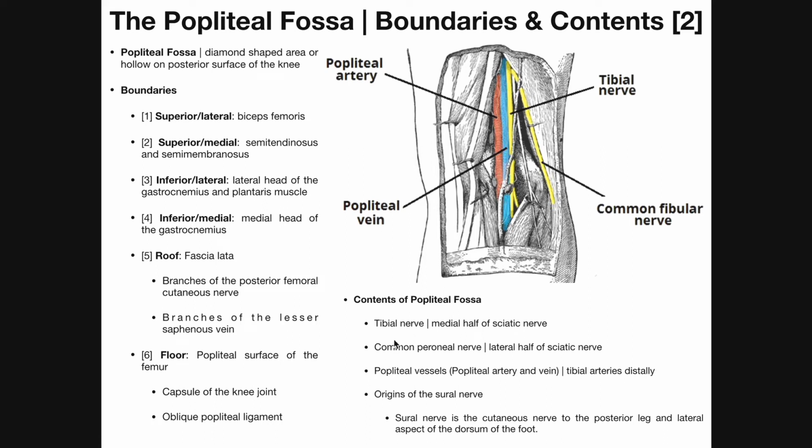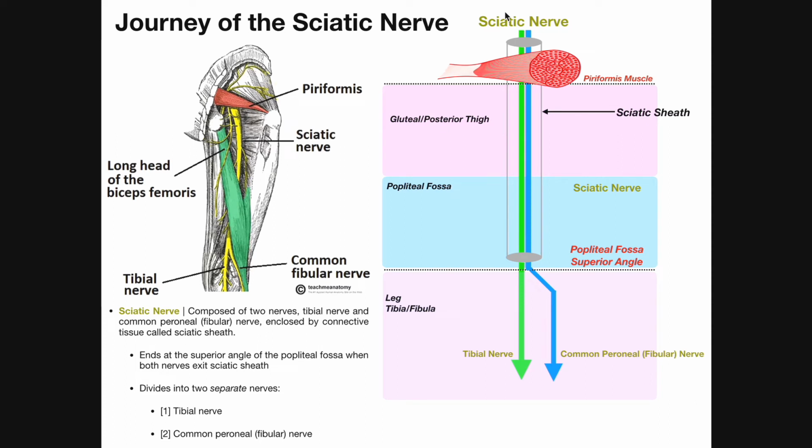We got several things. One, we have the tibial nerve, which is the medial half of the sciatic nerve. Then we have the common peroneal nerve, which is the lateral half of the sciatic nerve. Now, I have a separate video where we talk about the sciatic nerve, and I recommend you go back and watch that. But one thing I'm going to mention very briefly is that the sciatic nerve is composed of two portions.